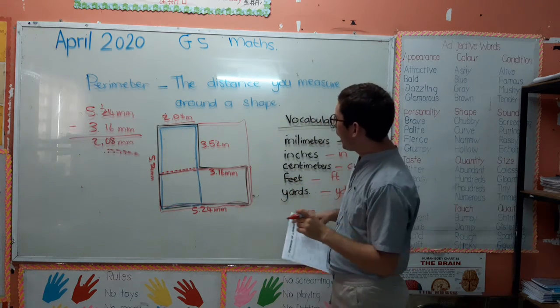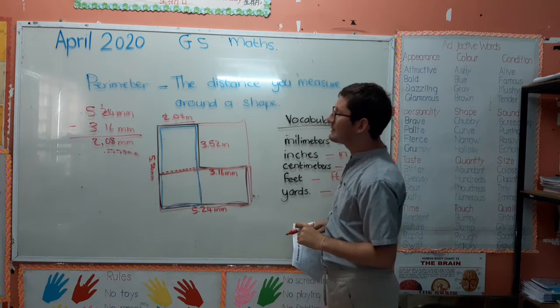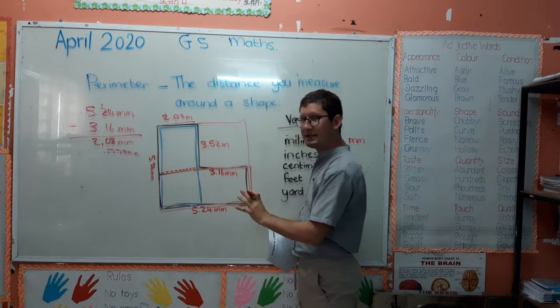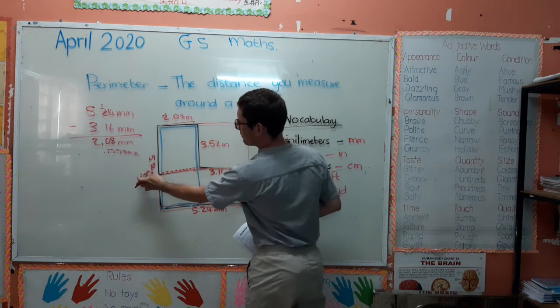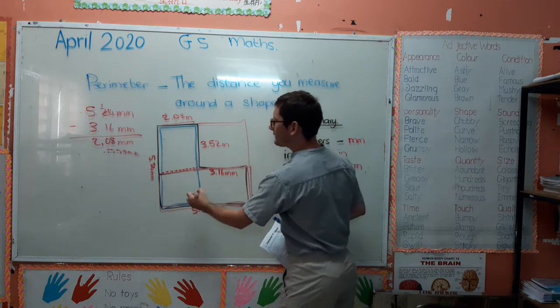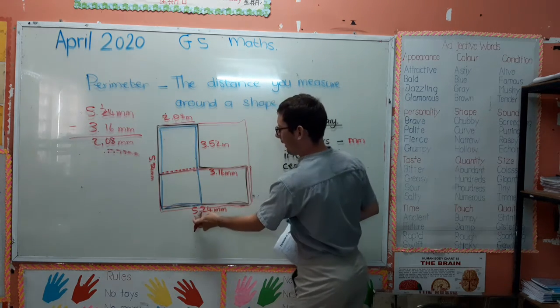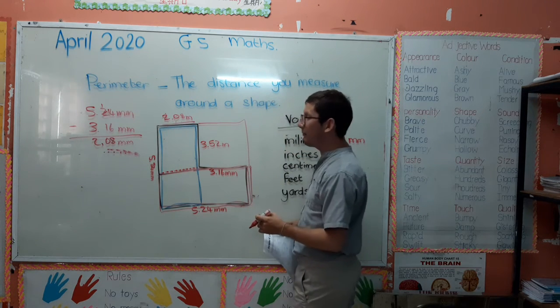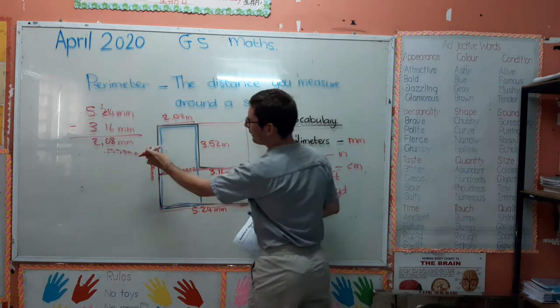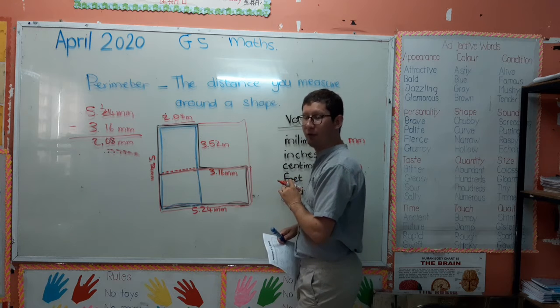Okay? How do we work out this one? It is exactly the same. So we now work with this measurement, because remember, if we had a complete square, this side would be 5.24 millimeters, and here we have 5.84 and also here 5.84.